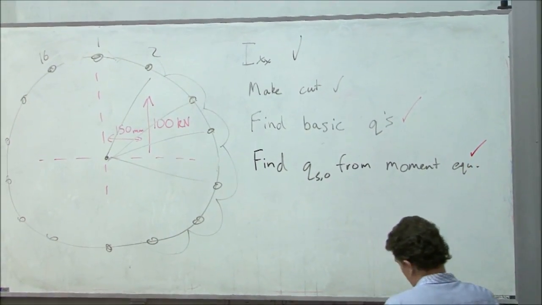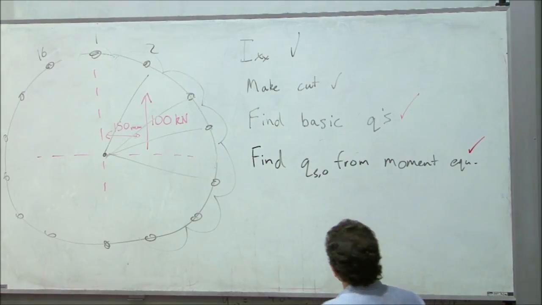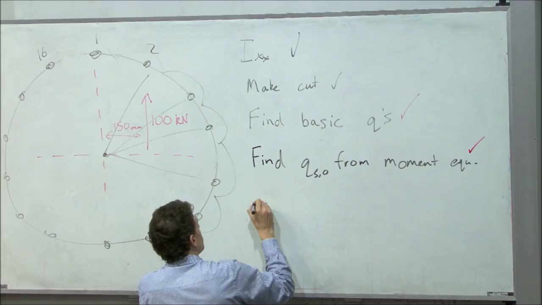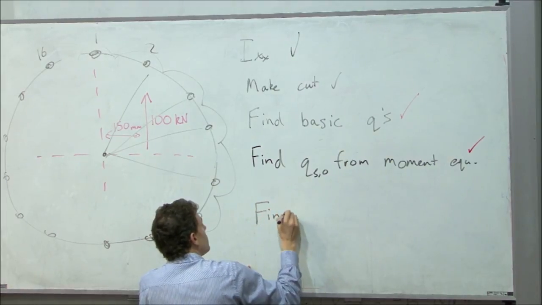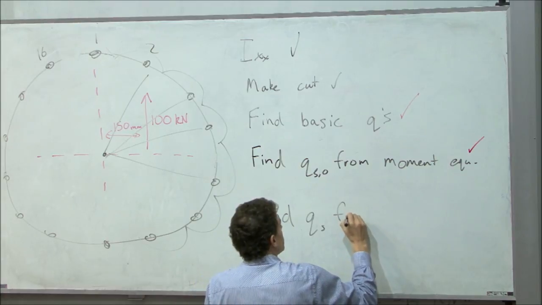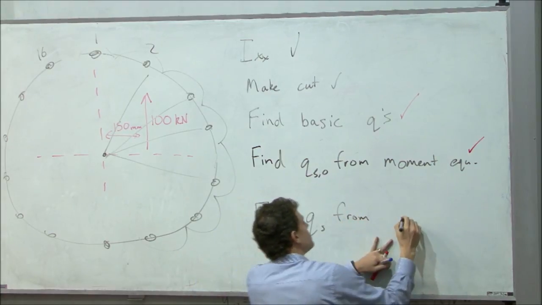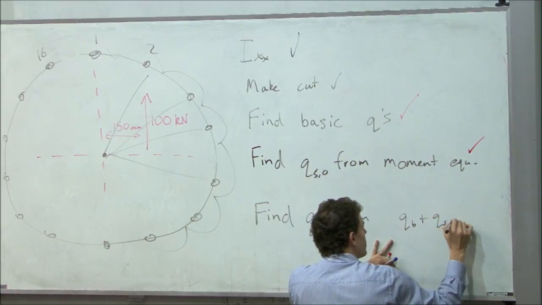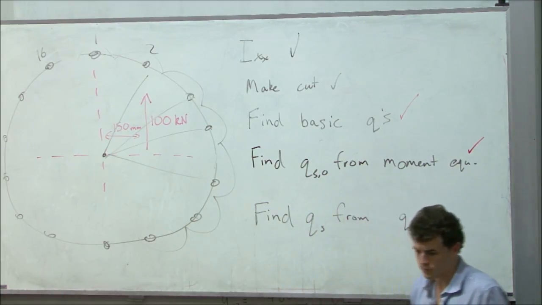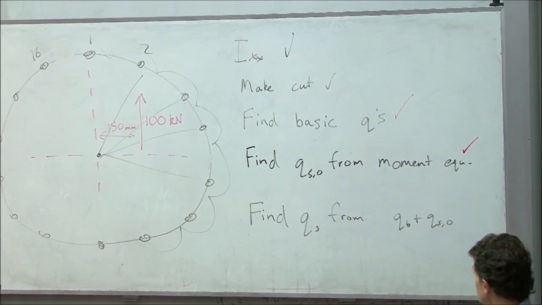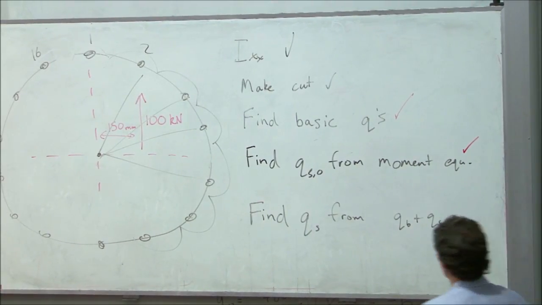You can do that. And then we can find QS from QB plus QS naught. So this is just a sum.